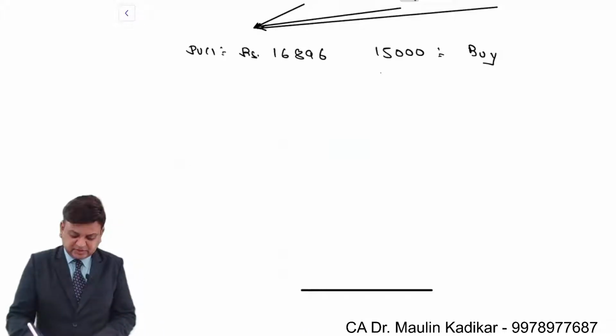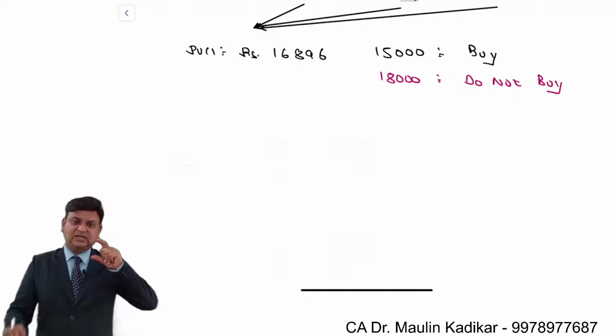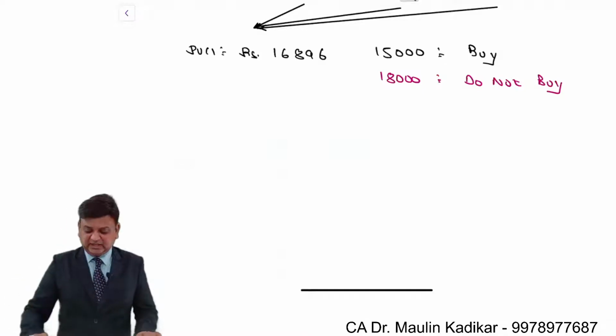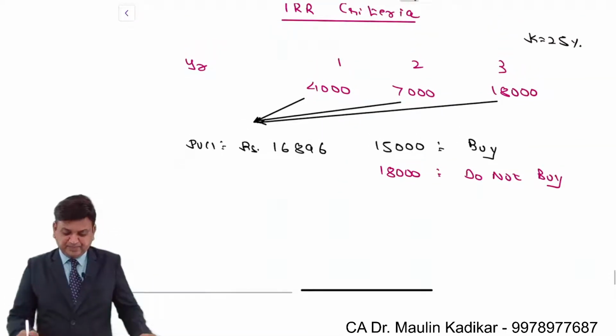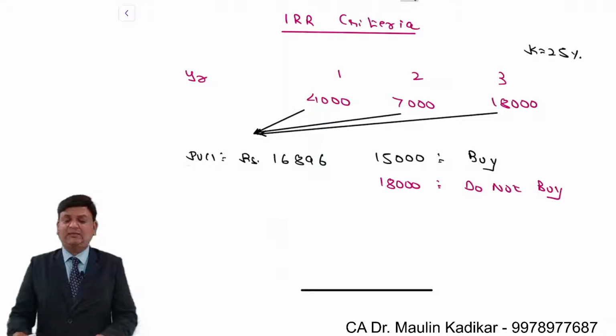Suppose the actual purchase price of the machinery is 18,000, then we should not buy the machinery, because what we are going to receive is 16,896, and in comparison 18,000 is required to be paid. This is how we understand decision making using the present value of the cash inflow concept.